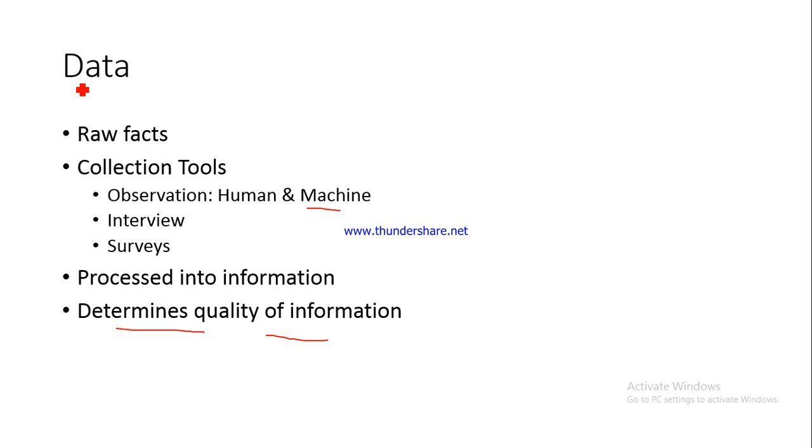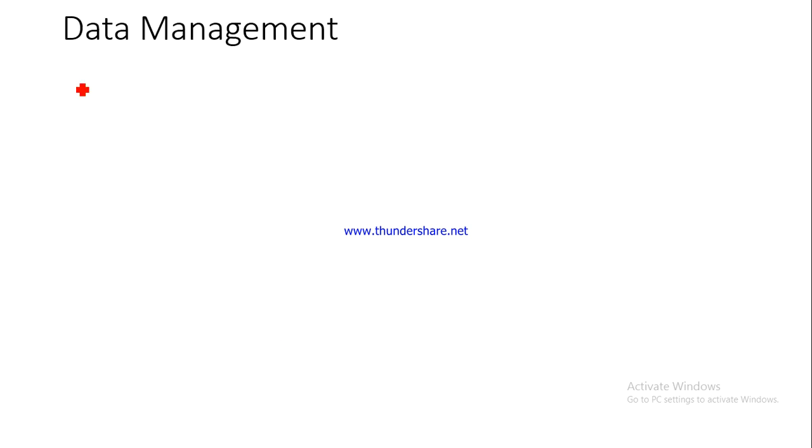So if you enter data which is inaccurate, factually incorrect, then naturally the information that can be obtained by processing that data is also not going to be accurate. So this is what we mean by garbage in and garbage out. So you have to ensure that the data which has been entered does not have any inaccuracy. Then only you can reliably say that the information obtained by processing that data is of some use and is accurate.